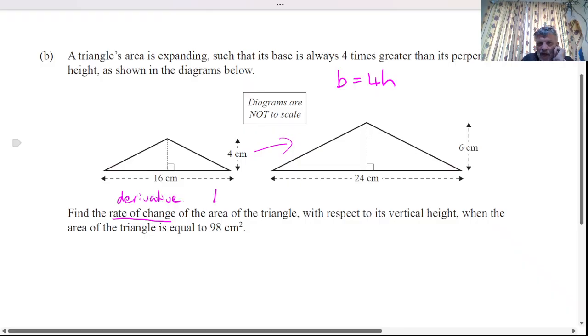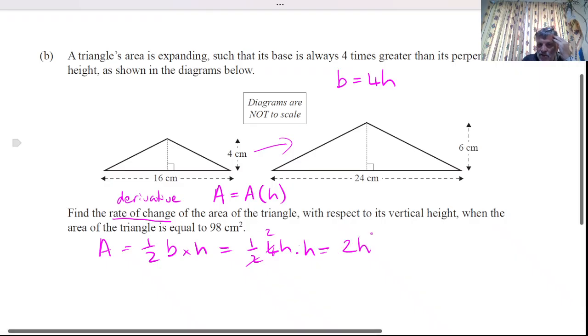And it's the derivative of the area, which we'll call A, with respect to the height. So it's telling us the area is some function of the height. We can write down the area. Area is half base times height, which is half, base is 4 times the height. So 4 over 2 is 2, so 2h squared will give us the area.